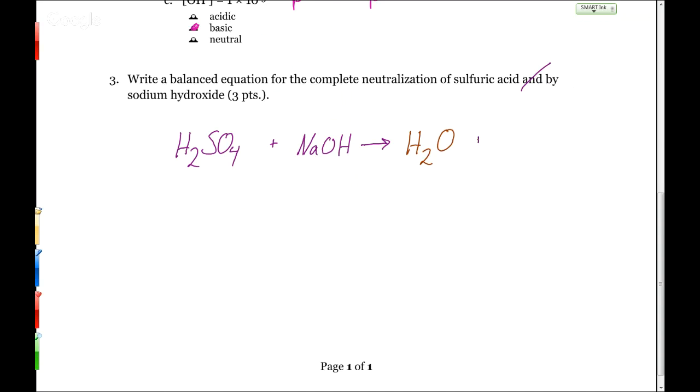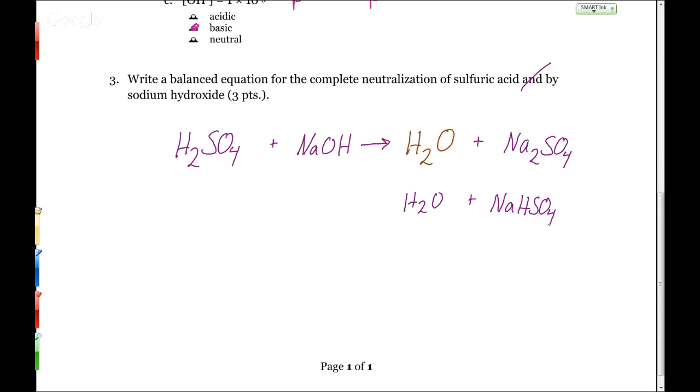And then the other product is what's left from the other stuff, which is the sodium and the sulfate. Now that's complete neutralization because both of those hydrogens on the sulfuric acid can come off. But if you did it this way, that's okay too. That's like an incomplete neutralization, but that's okay.